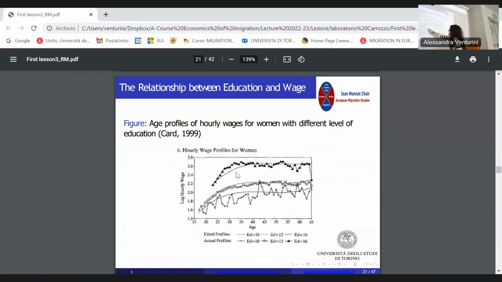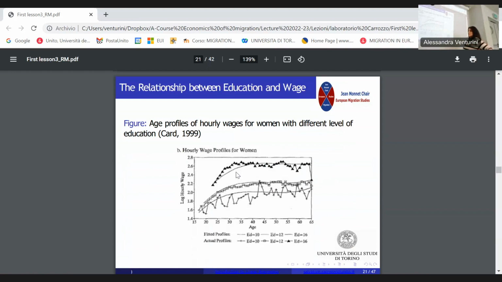For instance, going up and down here, we have a huge error, because the fitted line is not able to approximate the variability in the data.